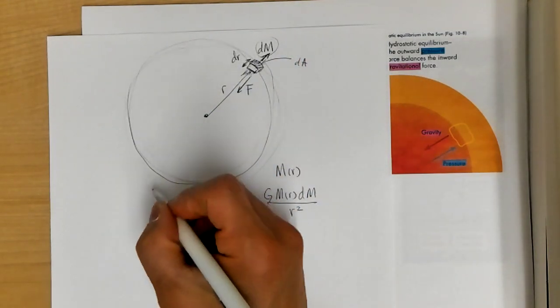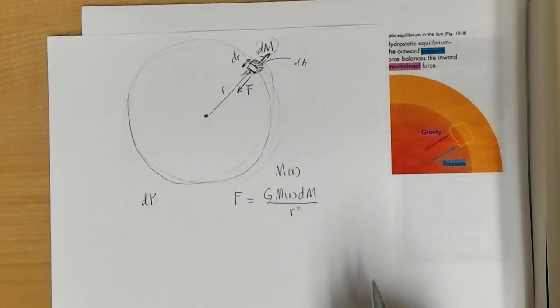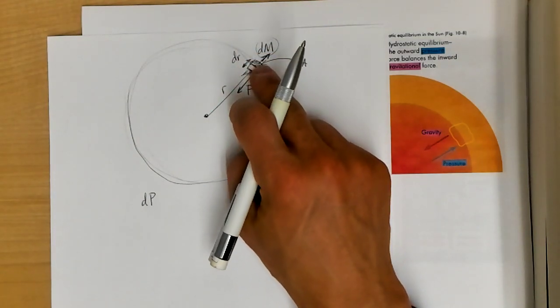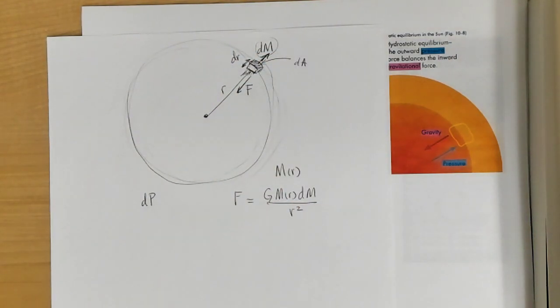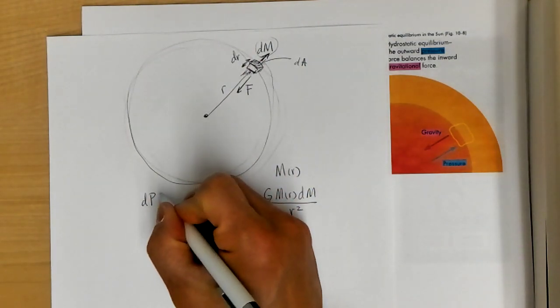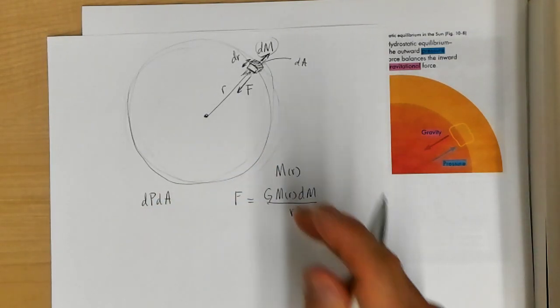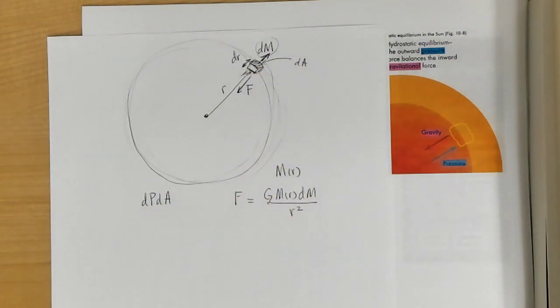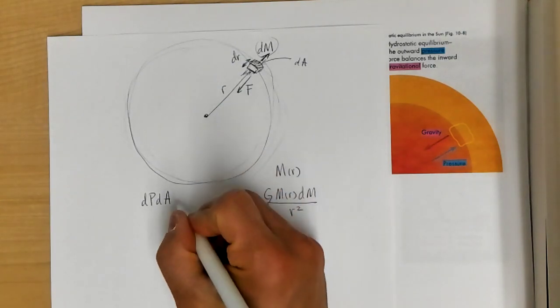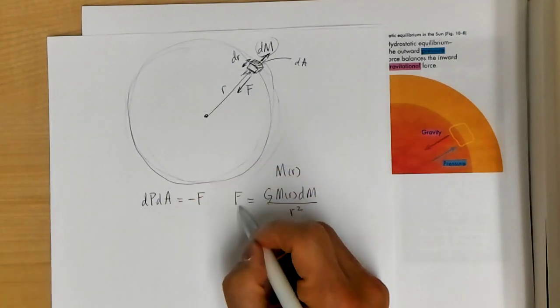Okay, so I need a difference in pressure, dP, the pressure on the inside minus the pressure on the exterior side. If I multiply dP by the surface area dA, that gives me the force due to the difference in pressure. That's what I need to balance off this force of gravity.